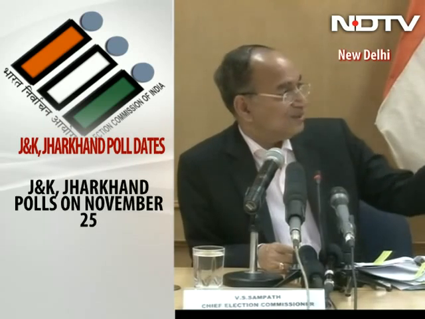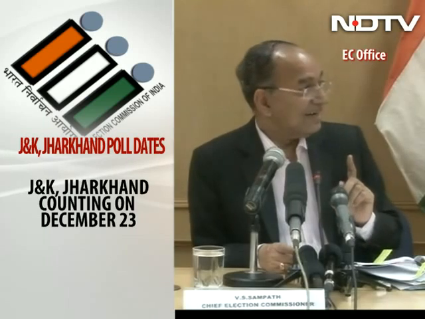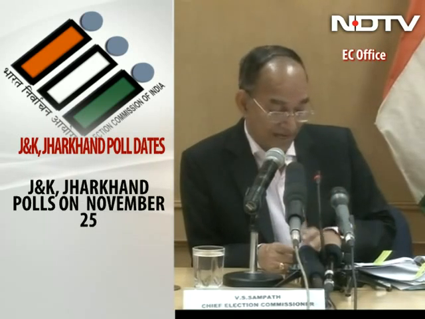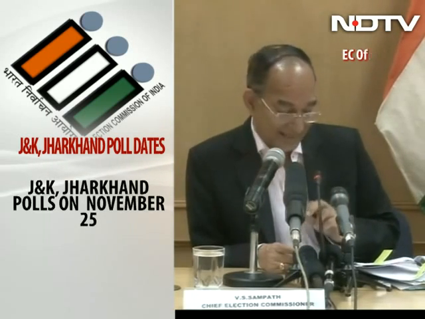Then we come to the last phase, fifth phase. Any doubts? Okay. Fifth phase, date of notification will be 26th November, and the 3rd December is last date of making nomination. 4th December is scrutiny, and 6th December is last date of withdrawal.